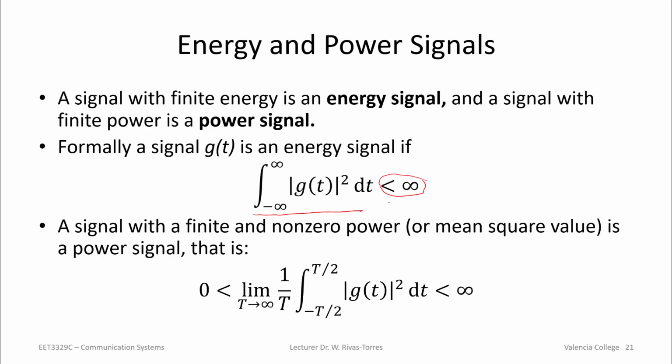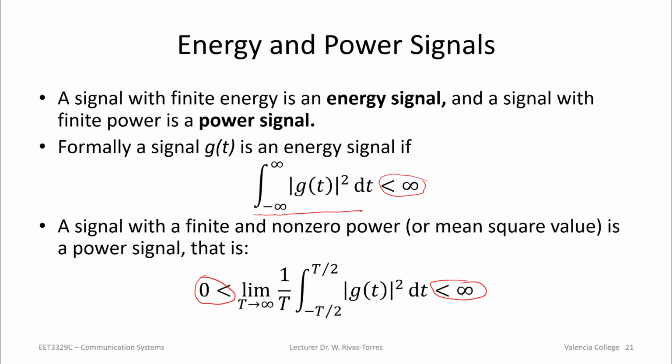The same thing happens with a finite and non-zero power or mean square value, which is kind of the same thing. One is the square of the other. You want to make sure that your power is also bounded. So power should be greater than zero, and the definition of power is this limit of this integral, which must be less than infinity.